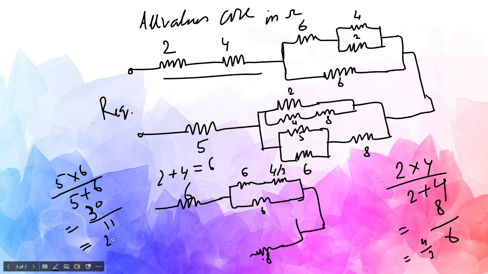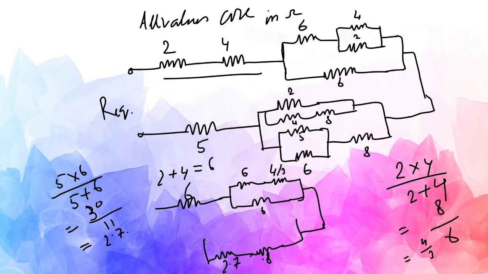Around 2.7, right? So this has become 2.7, and the whole circuit is in parallel.